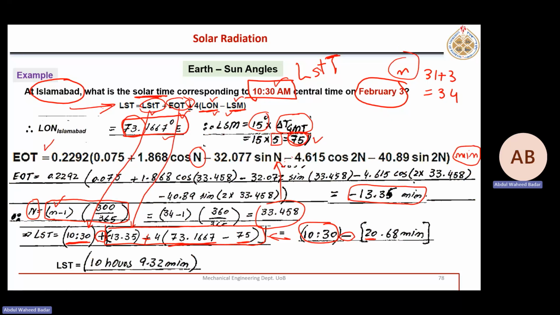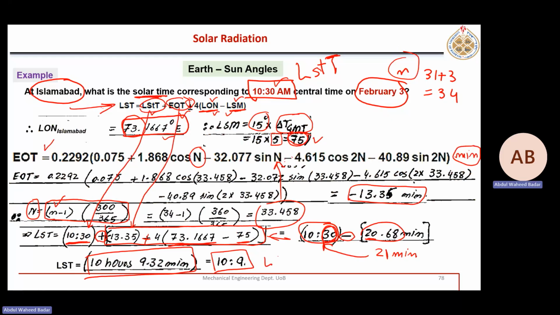So this will be 10:30 minus 20.68, so it is about 10 hours and 9 minutes, 9.32 minutes, right? So the answer is the local solar time is 10:09. If you round off this 20.68, you can say it is 21 minutes. So 21 minutes you have to subtract from the minute part, which is 30.